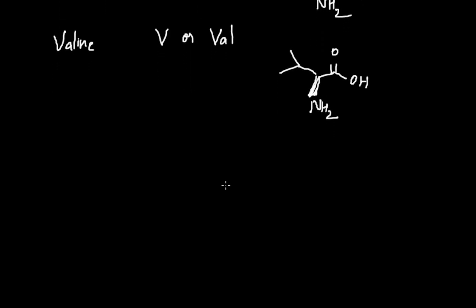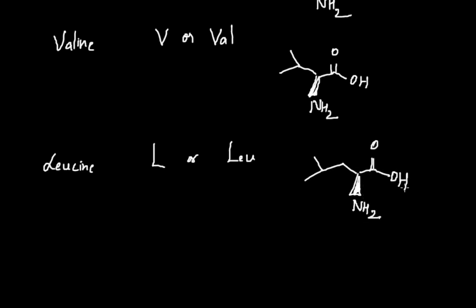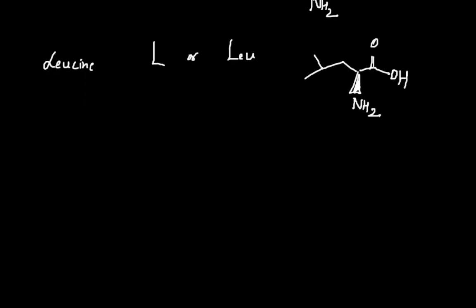And leucine is abbreviated L or LEU. The structure happens to be this. As you go along, the structures are becoming a little more complex. This is the structure of leucine.